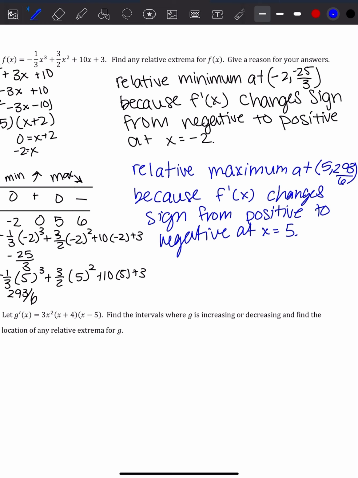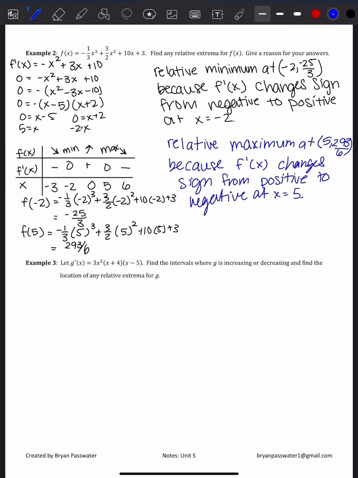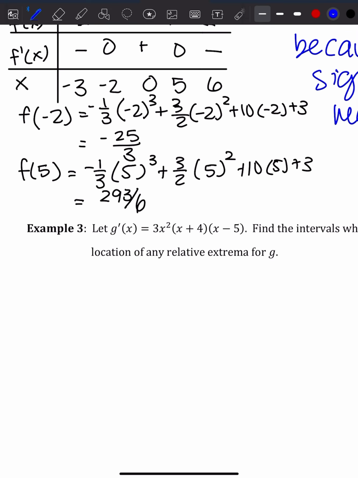Okay. Let g prime of x equal 3x squared times x plus 5 times x minus 5. Find the interval where it is increasing or decreasing, and find the location of any relative extrema. So same kind of thing, we are going to set the derivative equal to 0 to find our critical points.